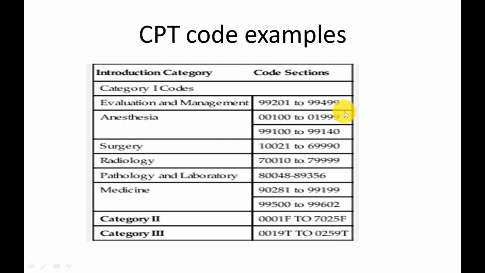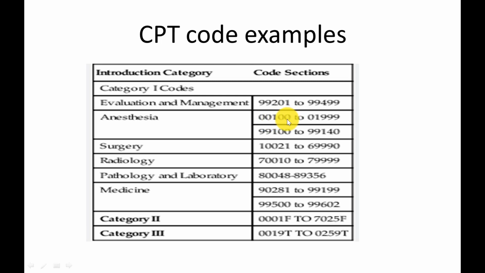Now CPT code examples. We have already seen category 1 codes. In this, evaluation and management is 99201 to 99499. All this will come into this. Anesthesia is a procedure, and for that also codes are there. You must be thinking what the range is. In anesthesia, local anesthesia is there, systemic anesthesia is there.